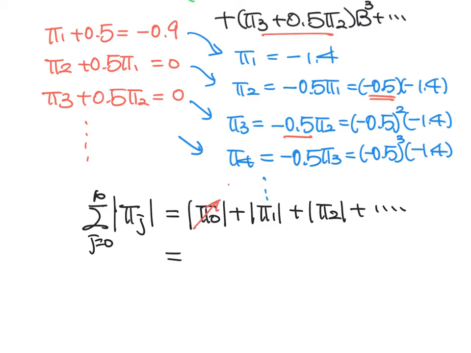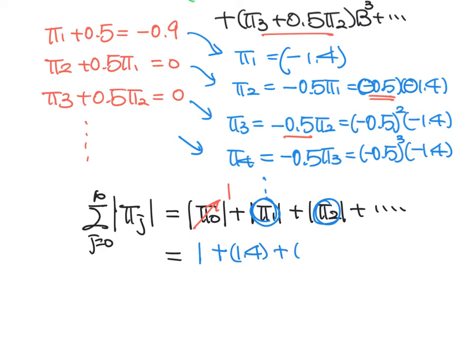Pi 0 was 1, so let me plug in 1. And you know pi 1 was negative 1.4, so let me take just 1.4. Pi 2 was a negative times a negative, which is positive, so we don't care about the sign.